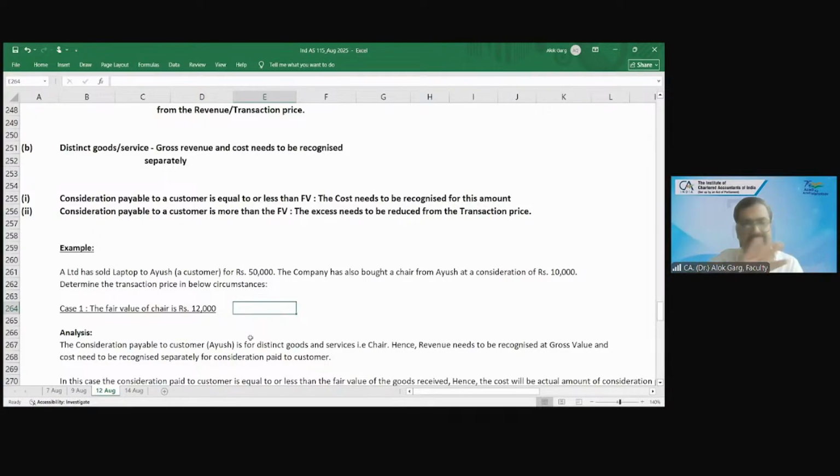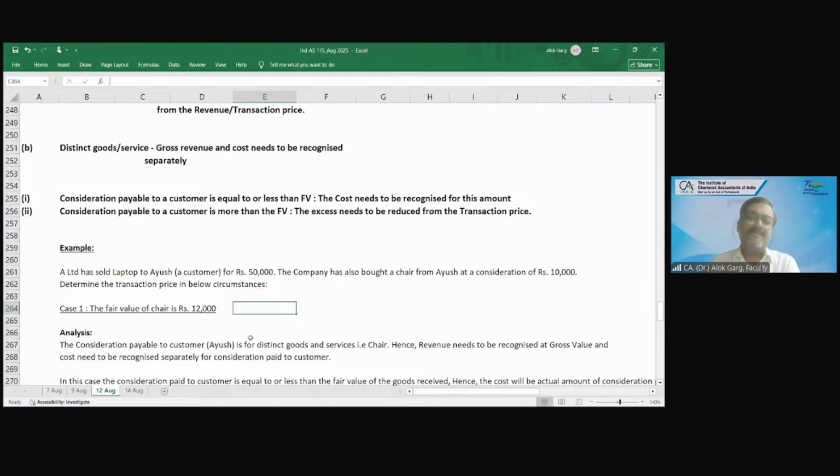Agar ye concept nahi hota, then I will record a revenue of 60,000 rupees and also record a cost of the chair of 20,000 rupees, right? So I will depreciate that asset, the depreciation will be allocated over the years, and the cost will come over the years in the P&L, while the revenue collected is 60,000 rupees.